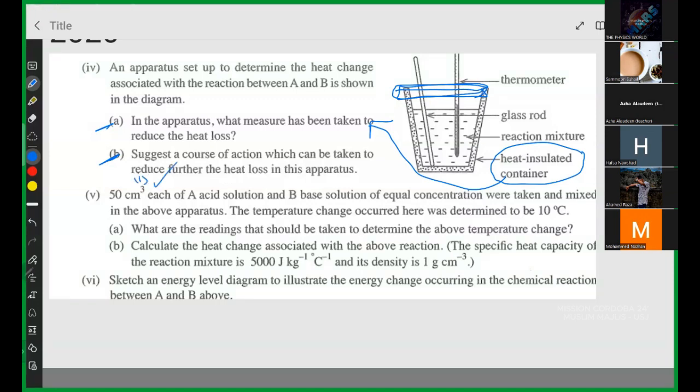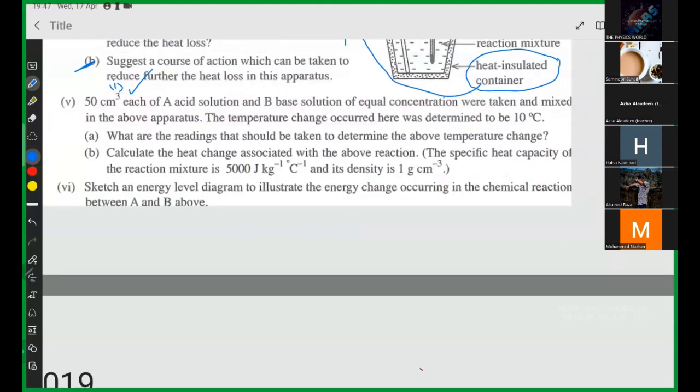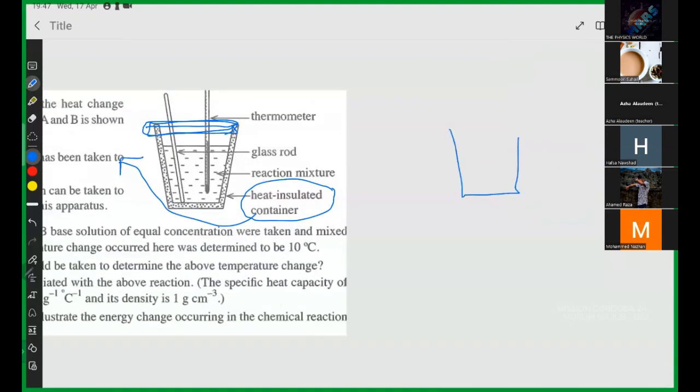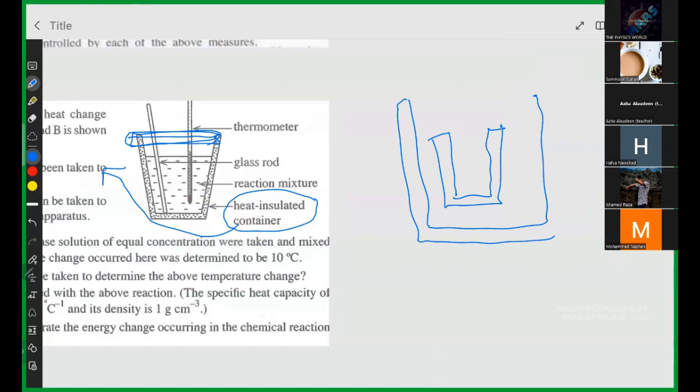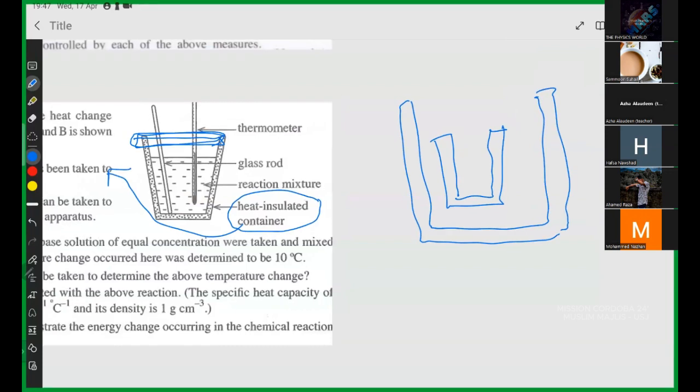Then you also can say this container can be put into another container. Let's say this is the apparatus that's given in the paper. You can keep that inside another insulating container. So more heat will be protected. This is the second answer.